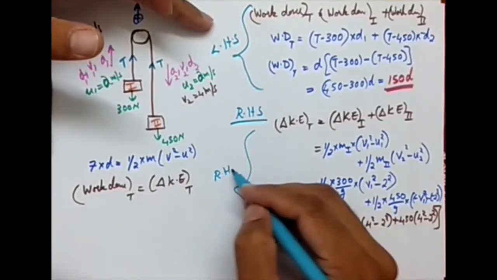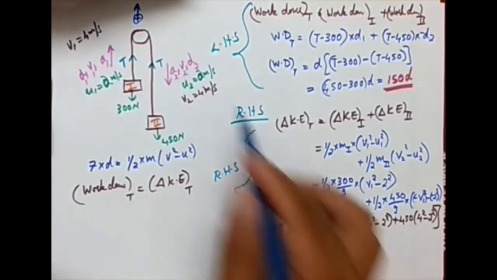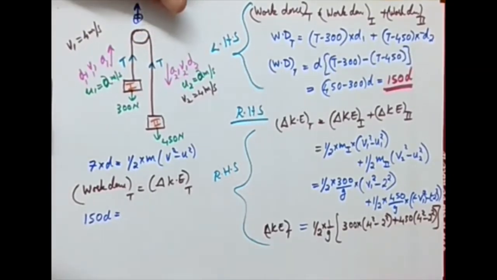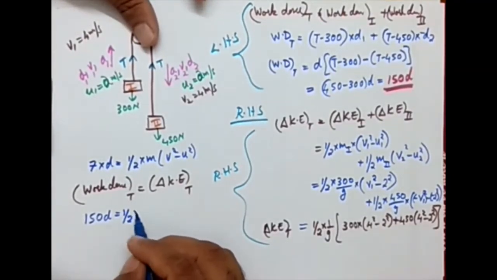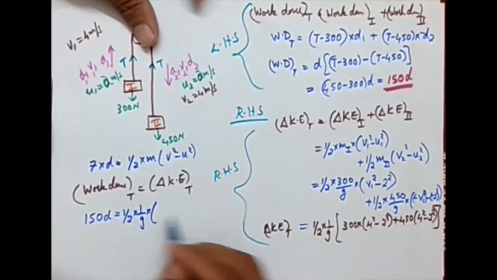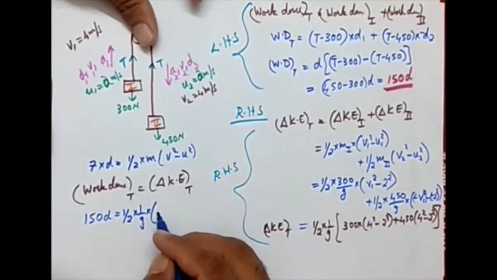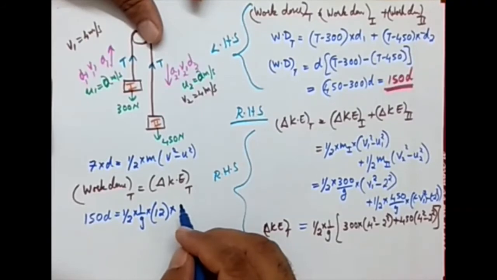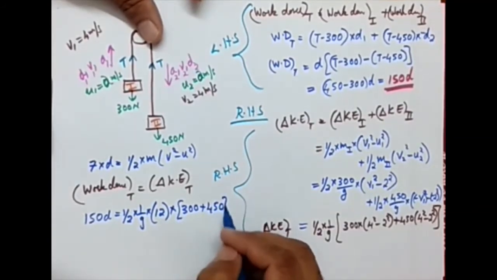So I have both the LHS and RHS. Now I can just equate the LHS and RHS. So LHS says that 150 d is equal to the right hand side, which is half into 1 by g into 4 square minus 2 square, that is 16 minus 4, 12, into 300 plus 450.